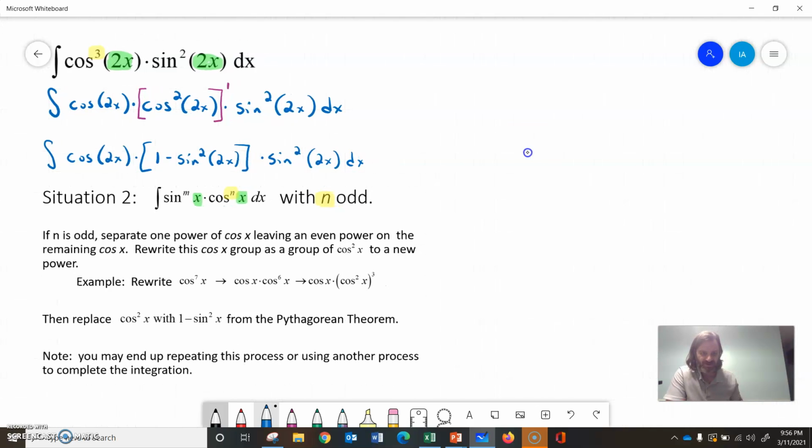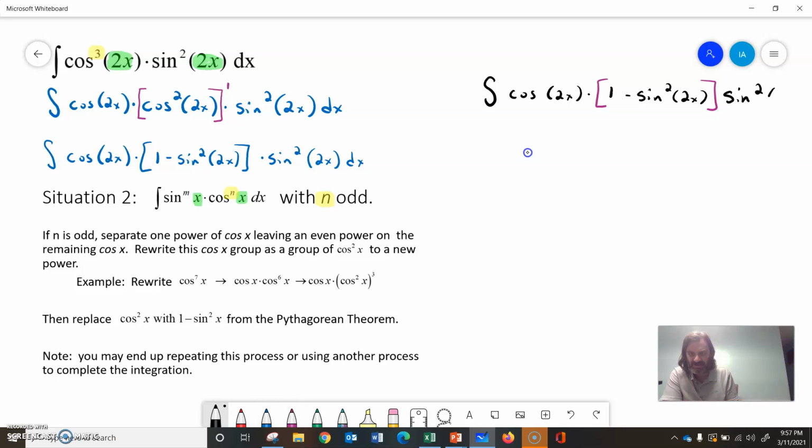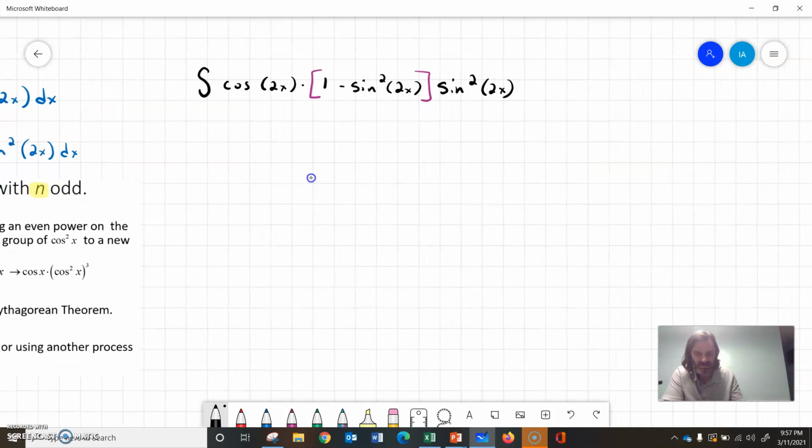It's easy to make a mistake there, so let's rewrite the whole thing over here, and then we'll probably do our u substitution. So the integral of cosine of 2x times 1 minus the sine squared of 2x times the sine squared of 2x dx.